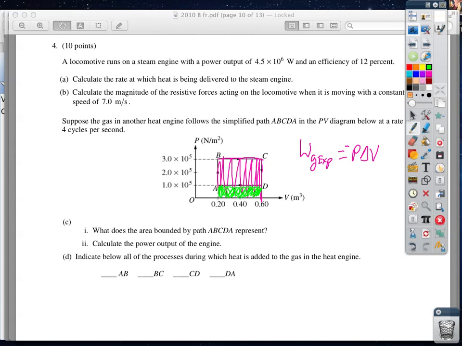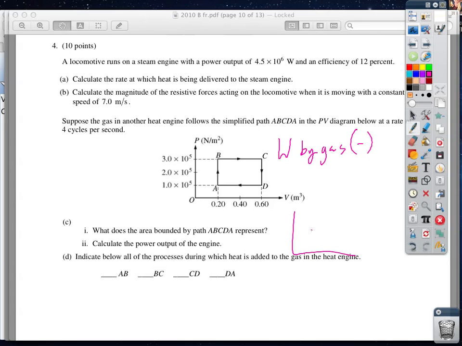So when you want to know who did more, you just subtract the two. And if you're doing multiple choice questions, just remember, when this is clockwise, that means the work is done by the gas. If this is counterclockwise, that means the work is done by the system. So this means the work is done by the gas, therefore it's negative, right?